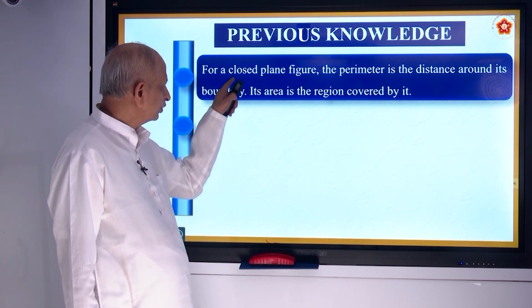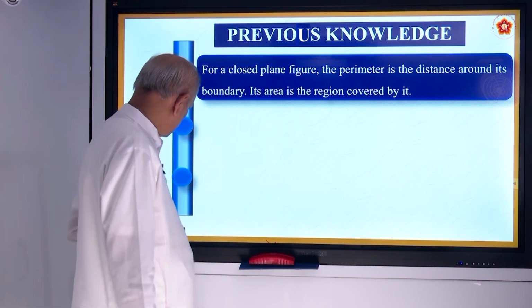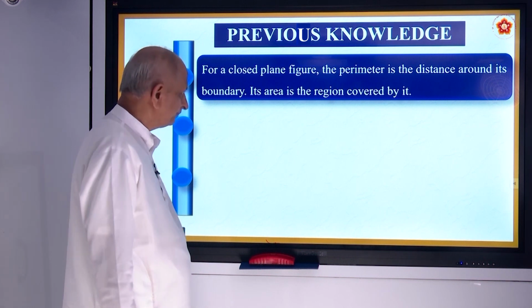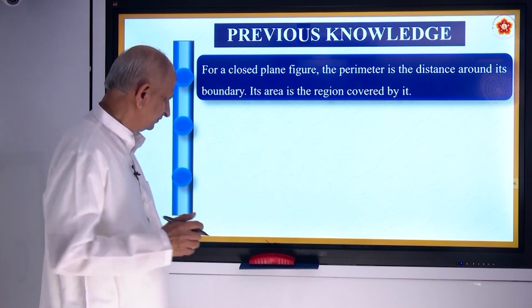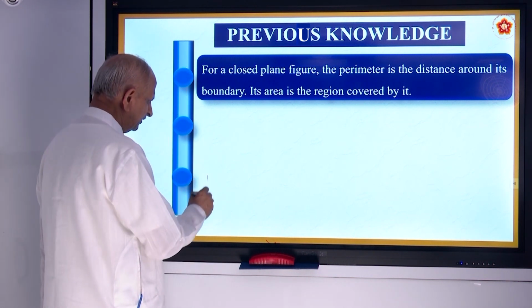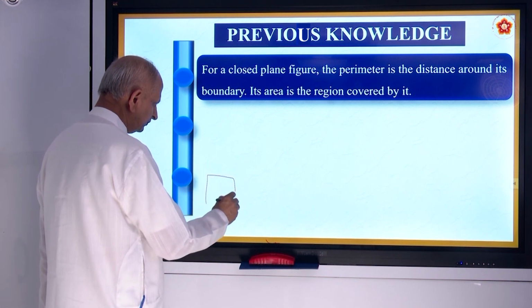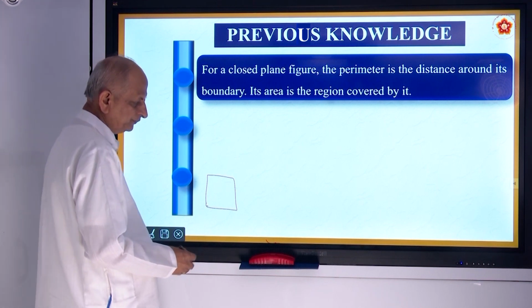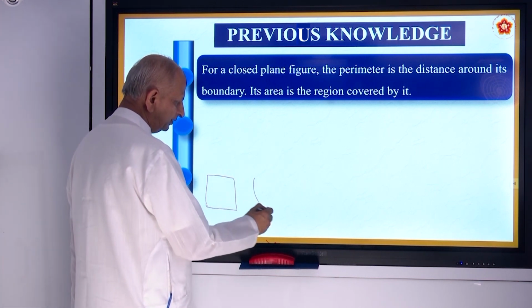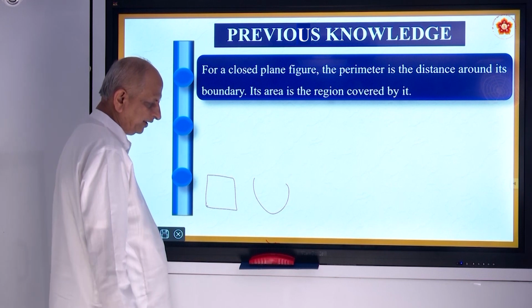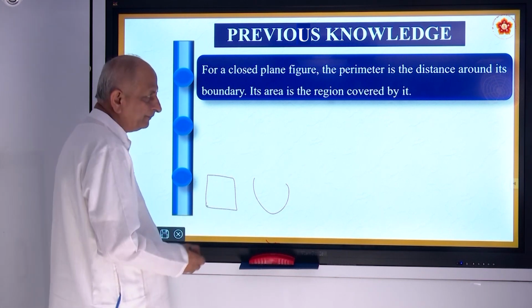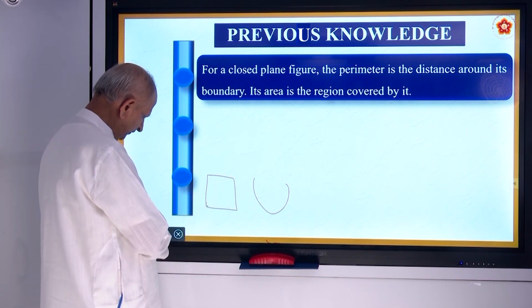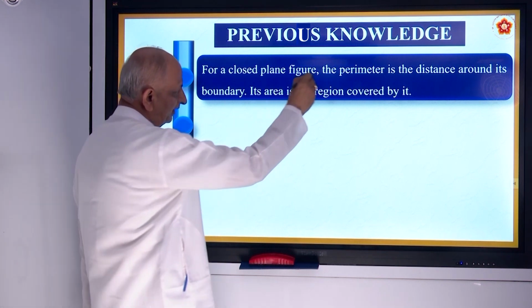So what do you mean by closed plane figure? A figure which is closed. For example, this is called a closed plane figure, which is closed. What is not closed? This is not a closed figure. Are you following?